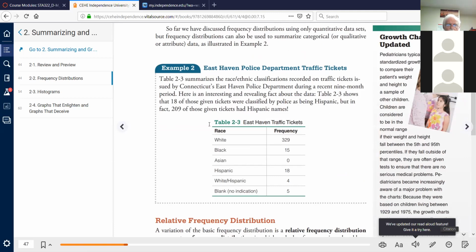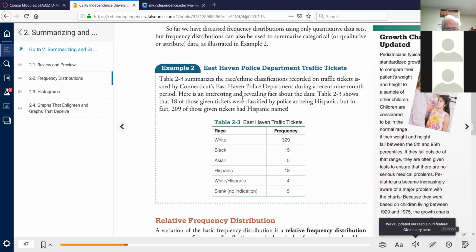Let's just talk about how you can skew the results with this data. During a recent 9-month period in East Haven, they gave out a lot of tickets. We've got 329, 344, 362, 366, 371 tickets handed out in this time.